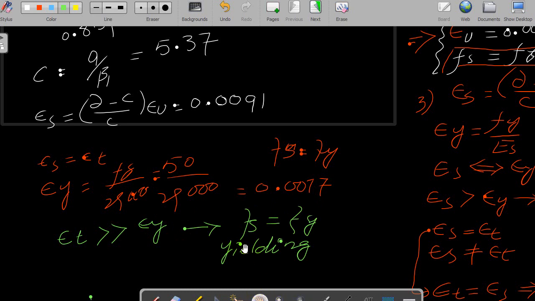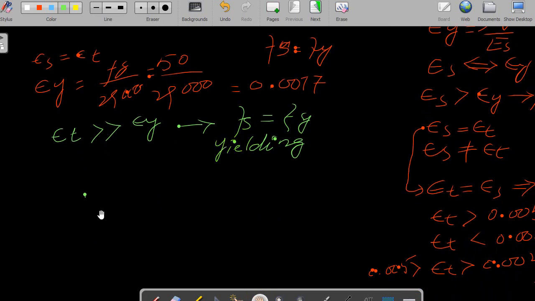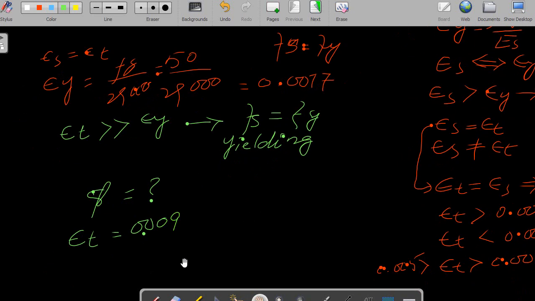Now we have to choose the value of phi, right? We need to find the value of phi. As we see, the epsilon t value is 0.0091.